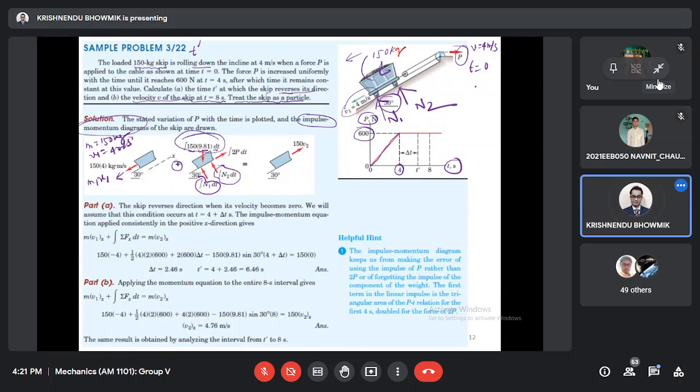And here, if this is P, if you cut here, then it will be P, and this also will be P, is it not?